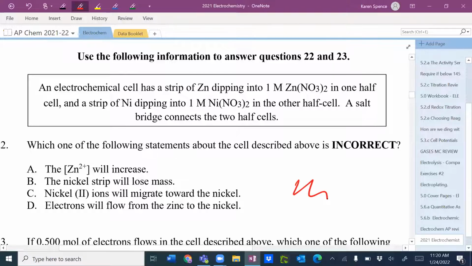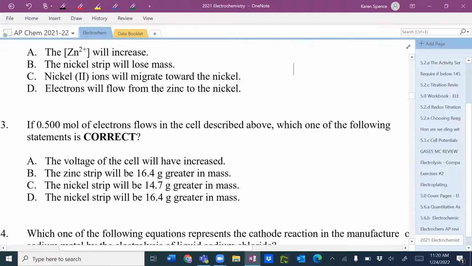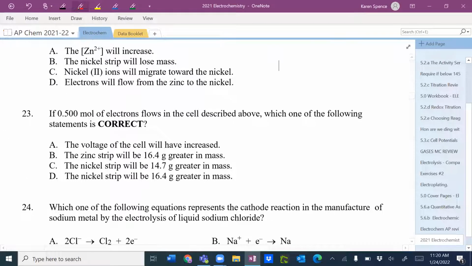Yay, okay. So we have an electrochemical cell. So we have zinc in zinc and nickel in nickel. A salt bridge connects the two half cells. So we have zinc and we have nickel.